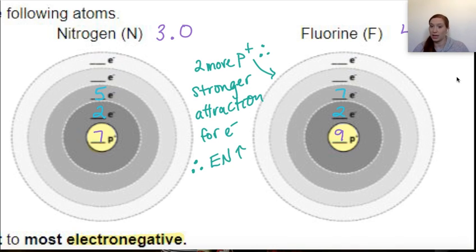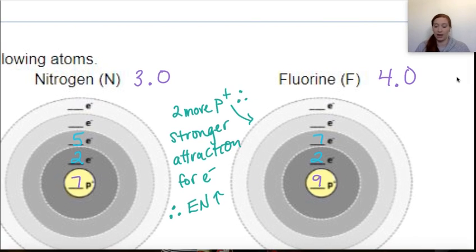Fluorine actually has the highest electronegativity of all the atoms on the periodic table because of this. It's relatively small in size, and it's got a large number of protons in the nucleus for that size, so it is really attractive for those other electrons in atoms that it might bond with.